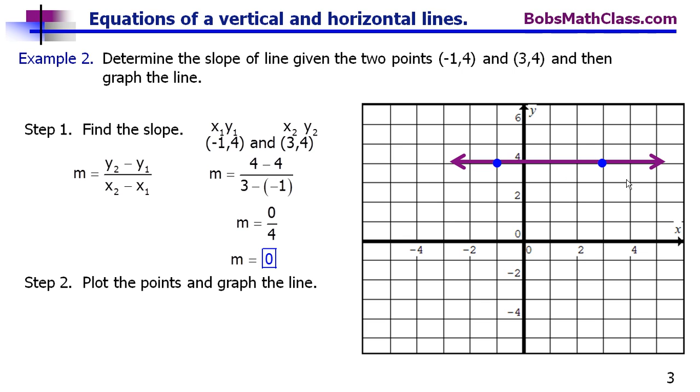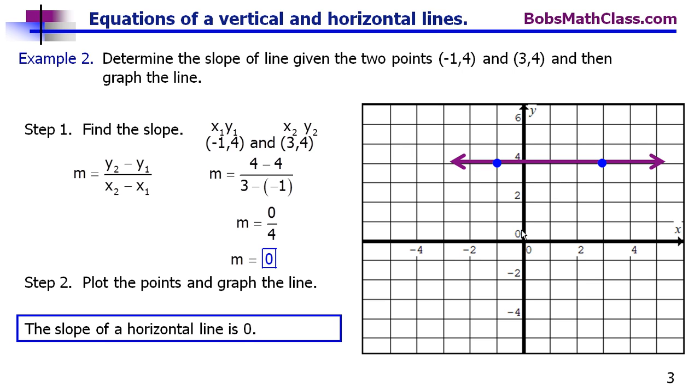So the graph of a horizontal line has a slope of 0, just as we suspected. So just going back to that last problem, the slope of a vertical line is undefined. The slope of a horizontal line is 0.